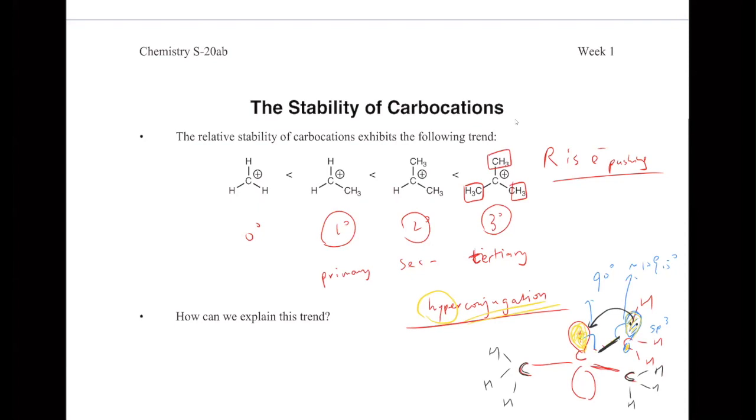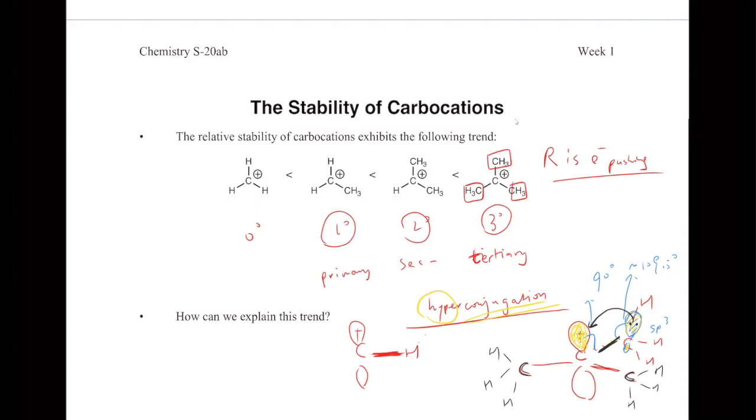But in another case, where there is a hydrogen connected, think about it, is there still any hyperconjugation? So there's no hyperconjugation at all, right? Because the bond is here.